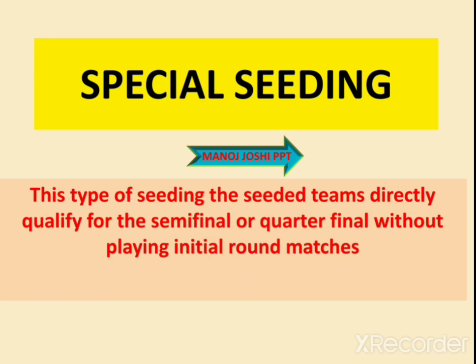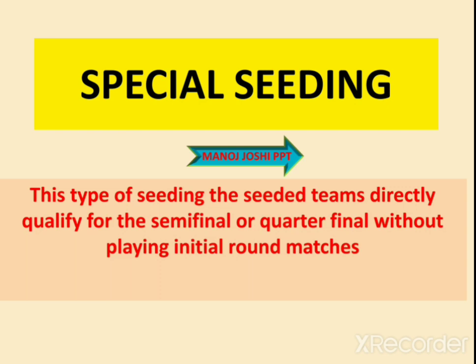In the previous one we saw that in seeding the teams get byes and do not play the first round of matches. Special seeding is the same, but the seeded teams will not play the matches of the initial rounds and will directly qualify for the semi-final or quarter-final. So this is known as special seeding.